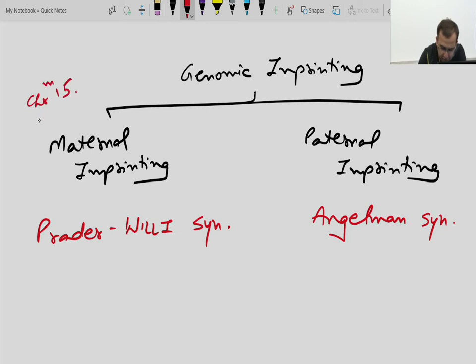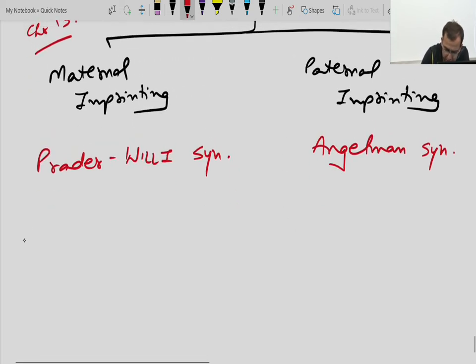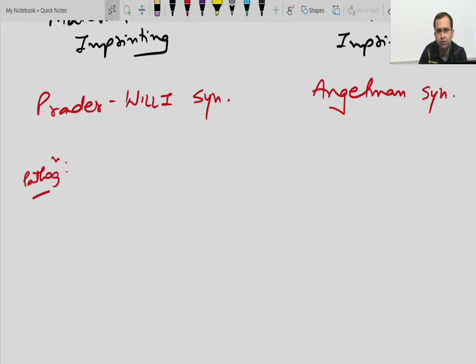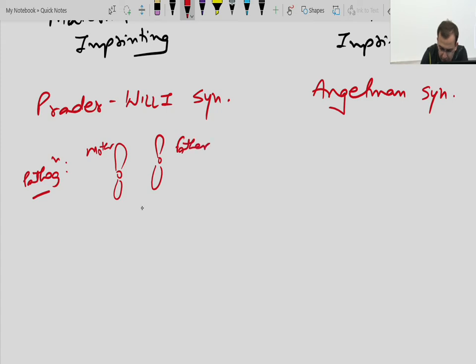Next point, which chromosome are we talking about? Chromosome 15. Starting with the pathogenesis, you very well know we get one chromosome from the mother, one from the father. In Prader-Willi, the chromosome of the mother is physically present, but it is not expressing itself.